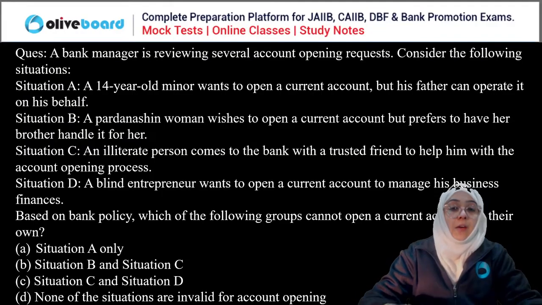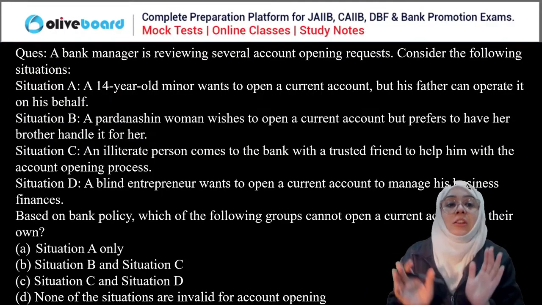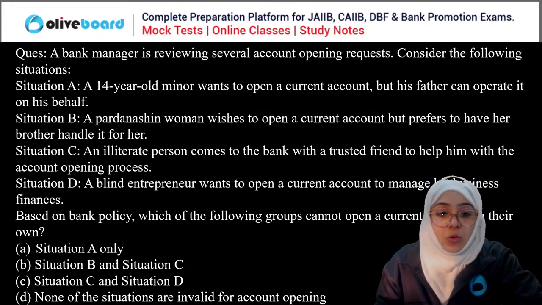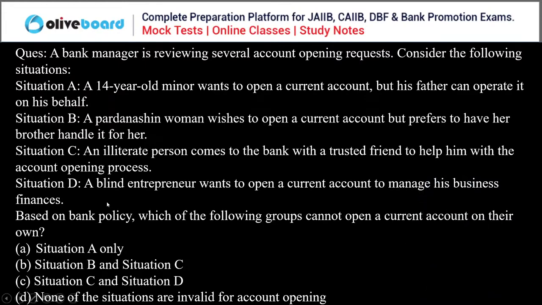Next, see. Now you have to select the situation here. Okay, I'm just turning off the camera so that you can just focus on the question here, everyone. A manager is reviewing several account opening requests. Consider the following situation. Situation one, a 14-year-old minor wants to open a current account, but his father can operate it on his behalf.